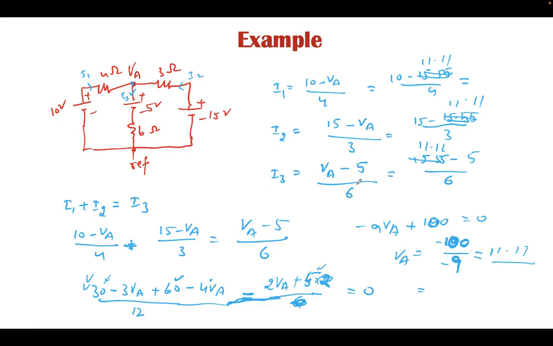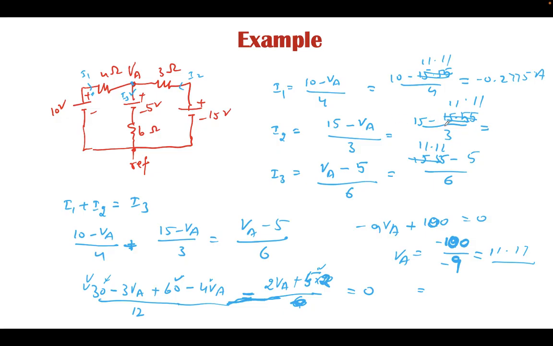Then the resultant value of current is (10 minus 11.11) divided by 4. It will be minus 0.2775 ampere. It means the current, whatever direction we have considered here, is flowing opposite to that.